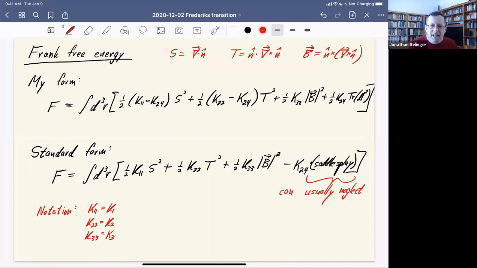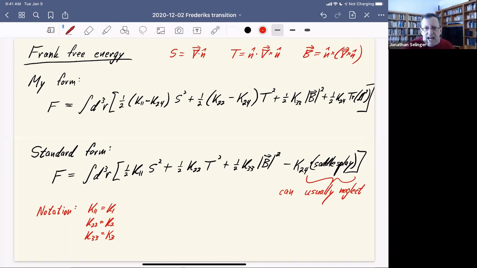I want to begin with an interesting question that Bajaya just brought up before the class, which has to do with this notation with Ks and subscripts. So this is not a regular tensor notation.